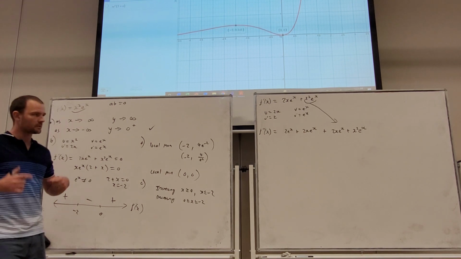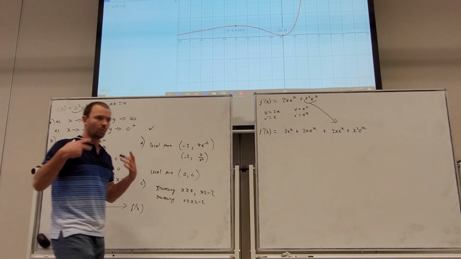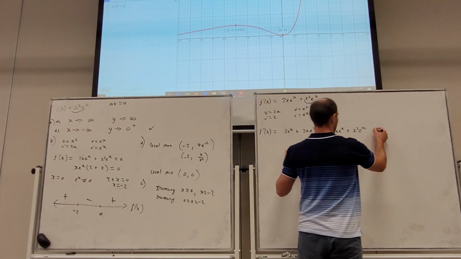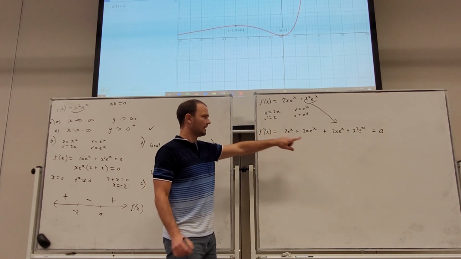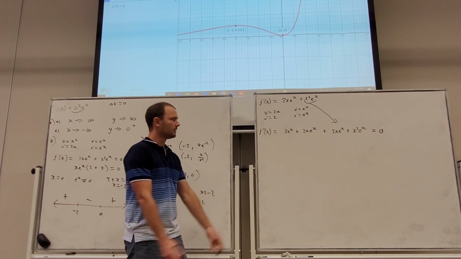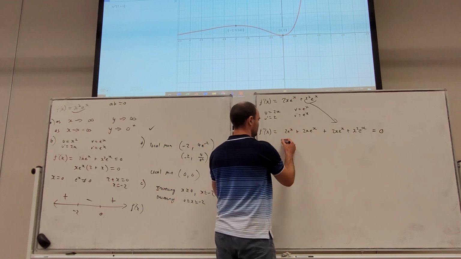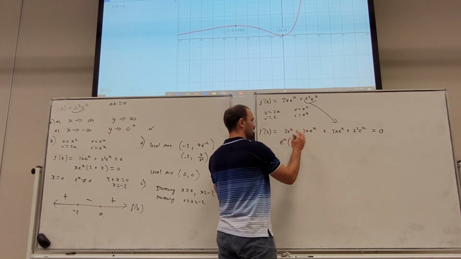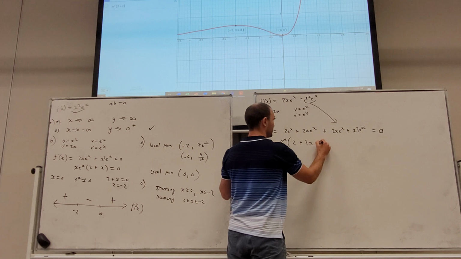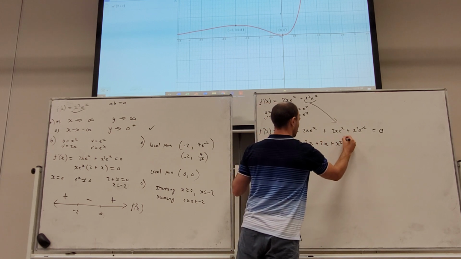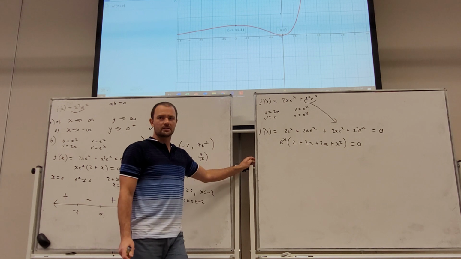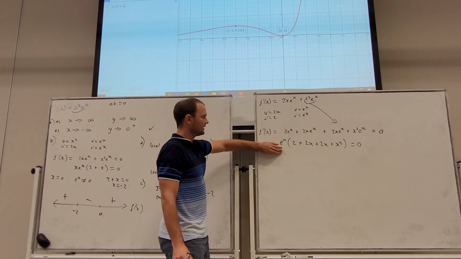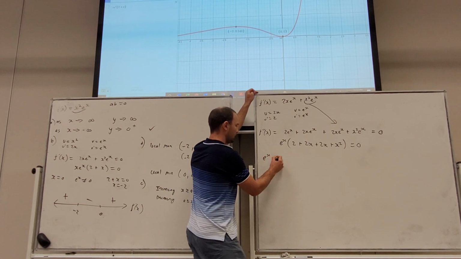Alright, so if we want to draw the sign diagram of this, we need to find when it equals 0. So what we have to do is look along for common factors. We've got e to the x is the only thing that's common. So let's pull that out the front. We're going to be left with 2 plus 2x plus 2x plus x squared. Now if we're trying to solve this, we know e to the x never equals 0, so we can get rid of that.